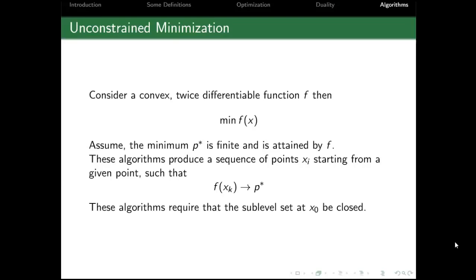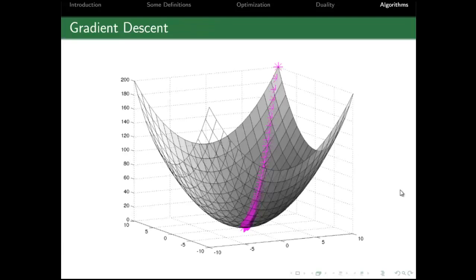That is, x1 belongs to the sublevel set of f at f of x0, and this point x1 should be inside this set. We just need this condition so that we get a chain of points which are in the domain of the function.